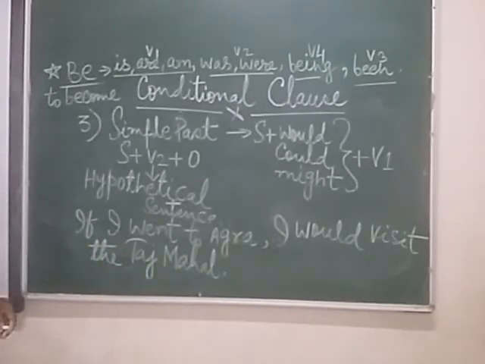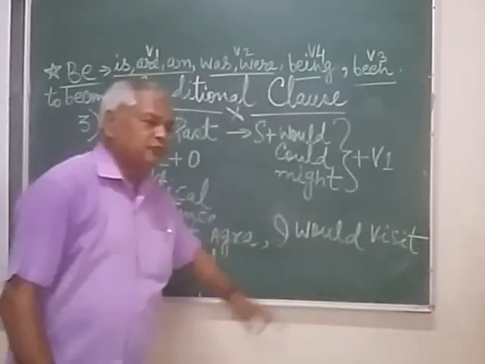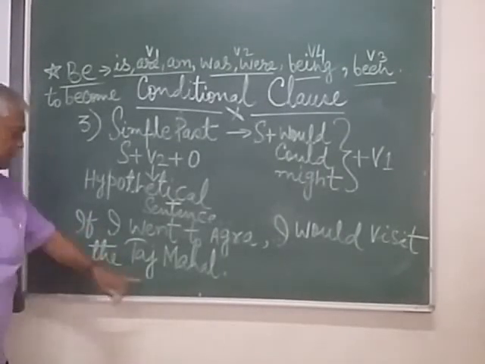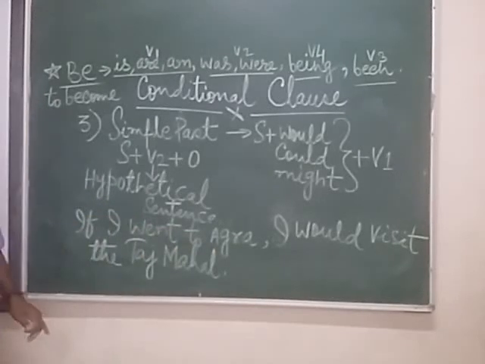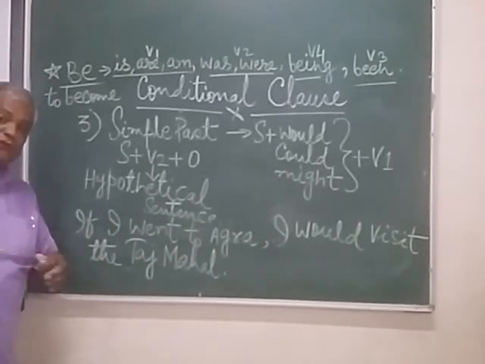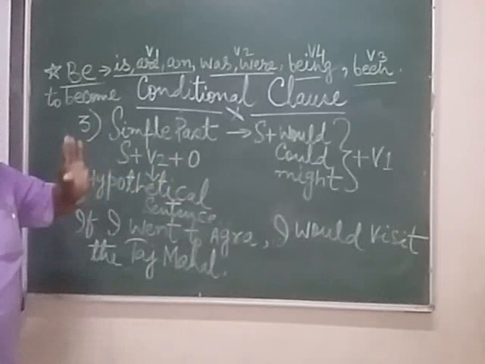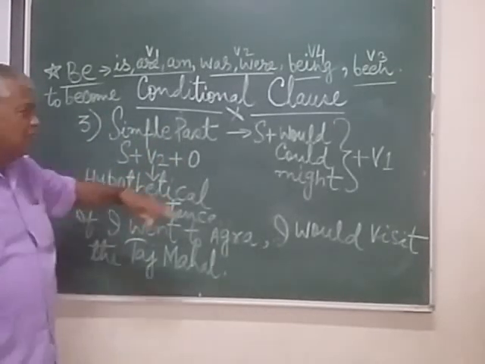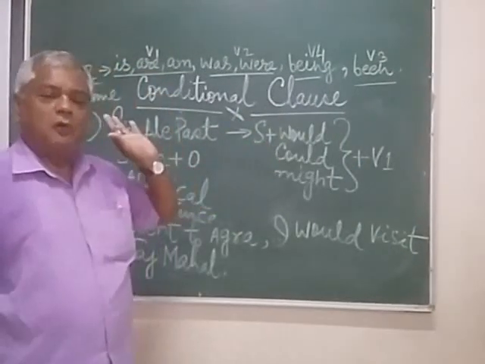This sentence can also be written in reciprocal manner. You may start from this: I would visit the Taj Mahal if I went to Agra. In both ways the sentence can be written. So this is called the third conditional sentence, that is simple past. So one sentence will be from simple past and another sentence will be written on the structure of the formula.